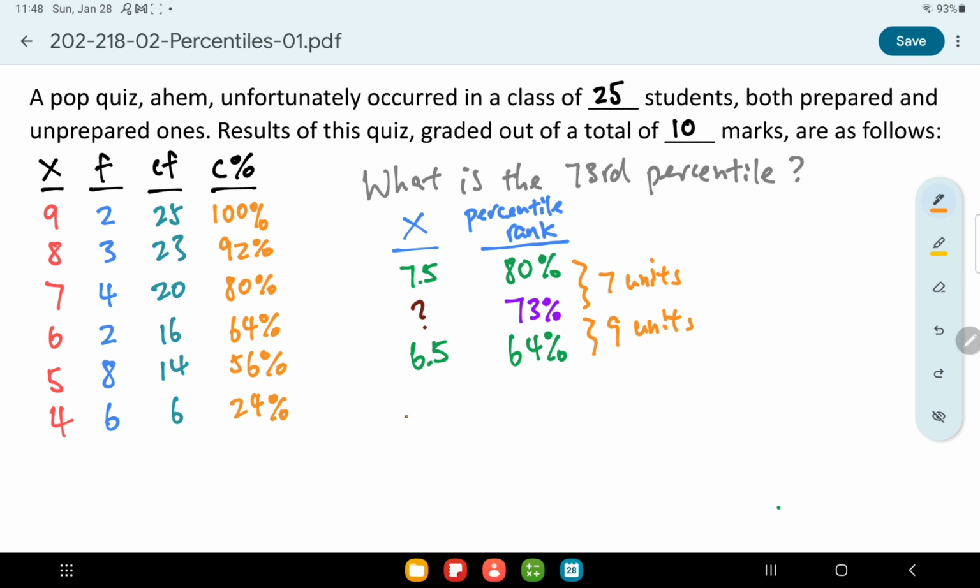Okay, so here's the procedure. We would divide 7 by the sum of 7 plus 9. This will give us 7 divided by 16, a fraction. Converting this fraction into a decimal gives us 0.4375.